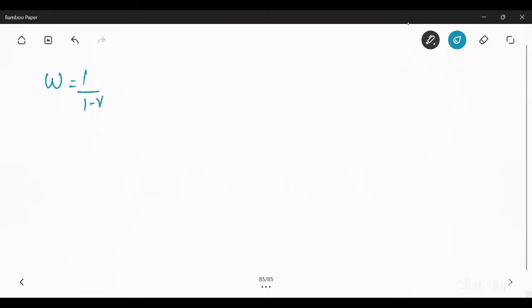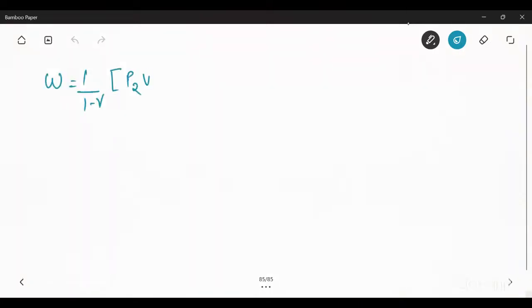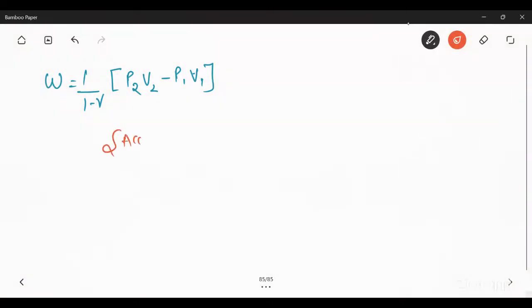So W is equal to 1 upon 1 minus gamma times P2 V2 minus P1 V1. And we know that according to the ideal gas law, PV is equal to nRT.